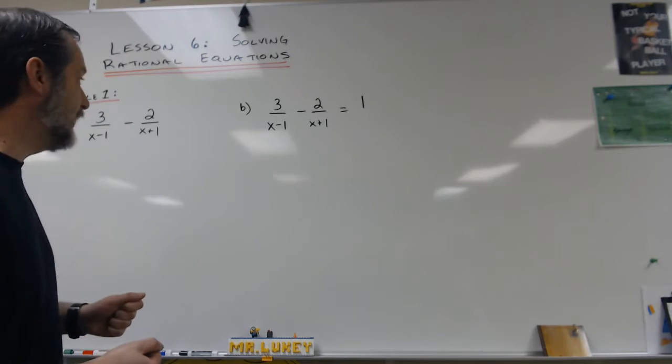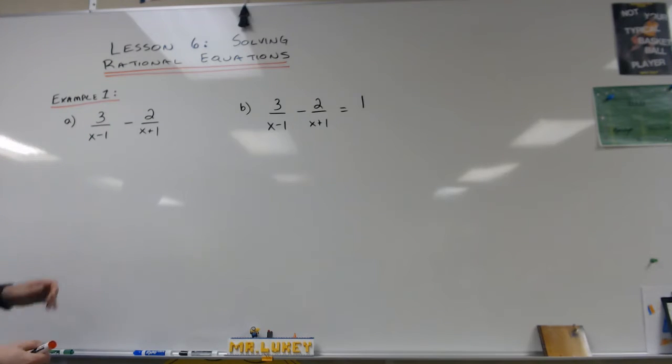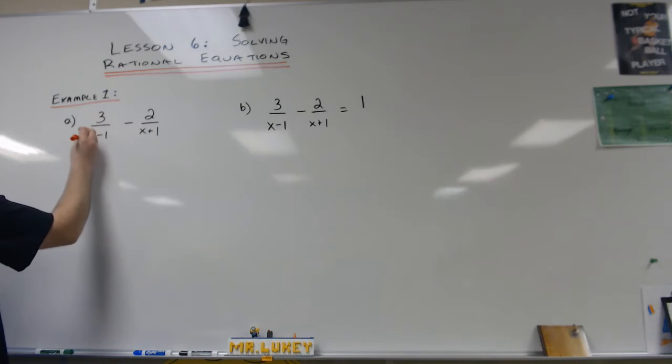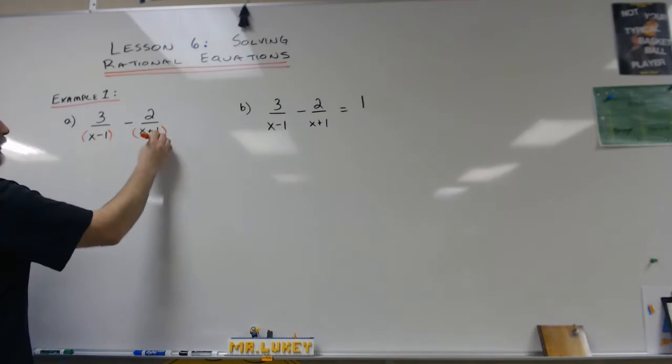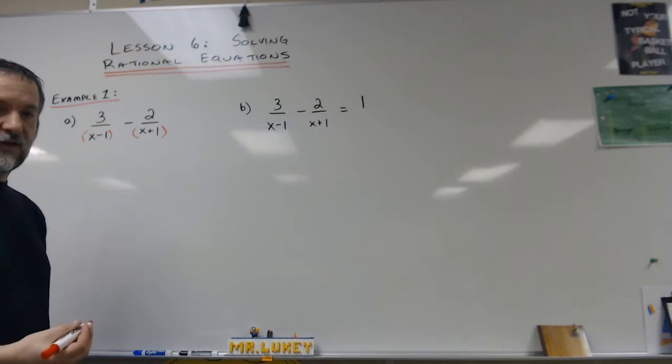So let's go back to just a quick review here of an expression, and we can simplify, right? We're looking for that lowest common denominator. We are achieving a lowest common denominator, and then we can bring our two terms together. So here I have two terms, one with an x minus 1, one with an x plus 1.